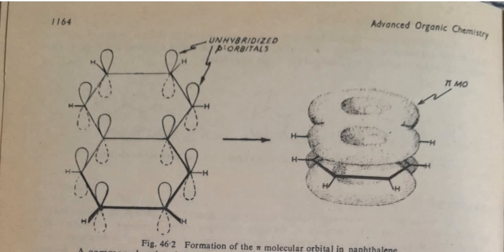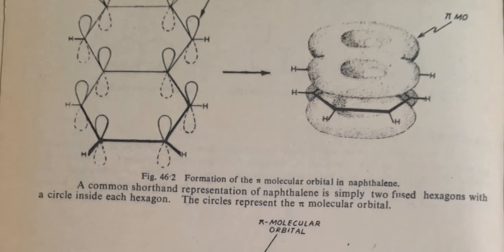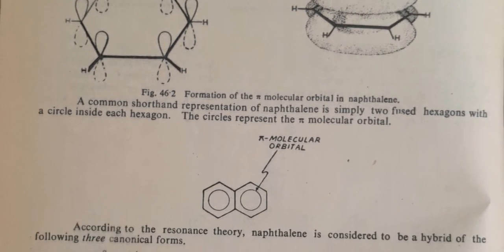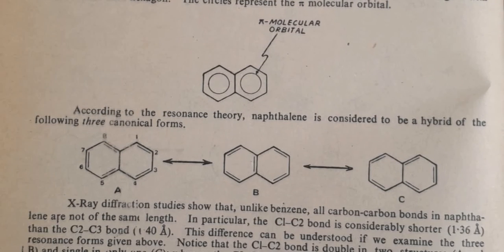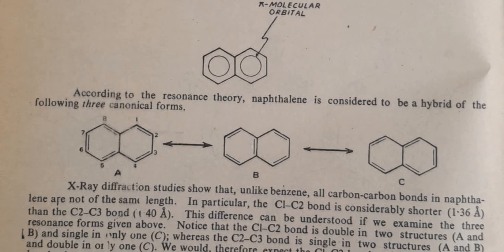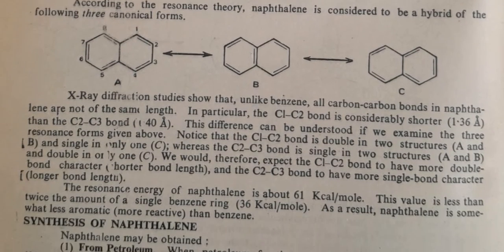You can see the sandwich-like electron density above and below. This is the pi molecular orbital. It has resonating structures existing in 3 forms, A, B and C.